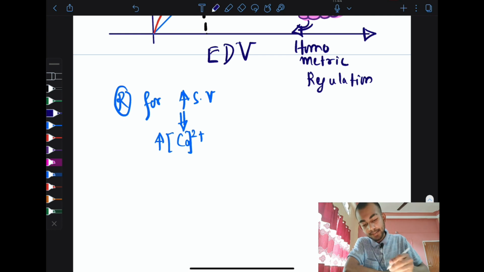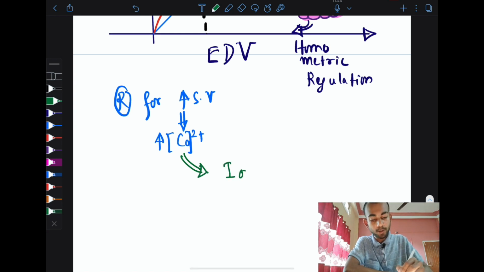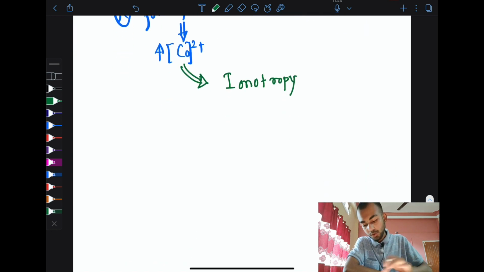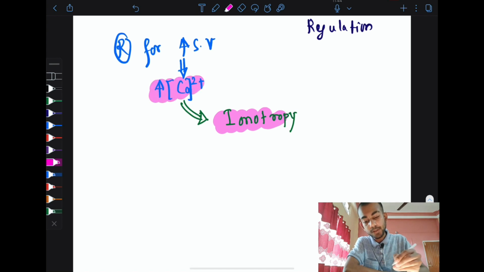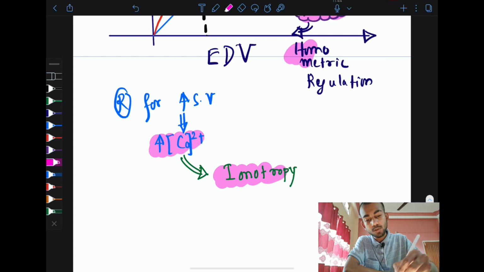And since there is increased calcium concentration, the increment in the stroke volume is achieved, right guys? And due to the increased calcium concentration, this homometric regulation is also known as ionotropy.